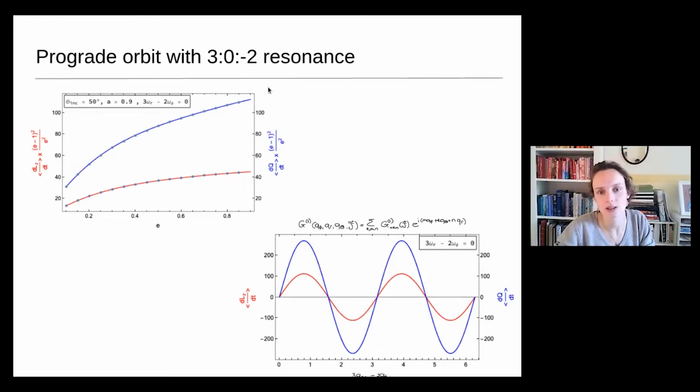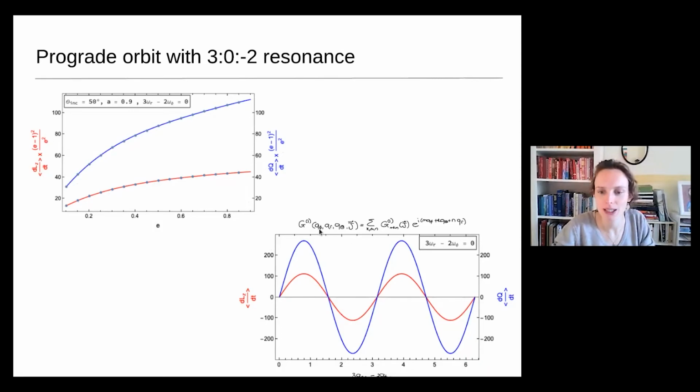And also its Carter constant is changed. Now, what I show here in this plot is essentially the maximum change in these parameters that you can get across a resonance. But of course, this is not a generic value.